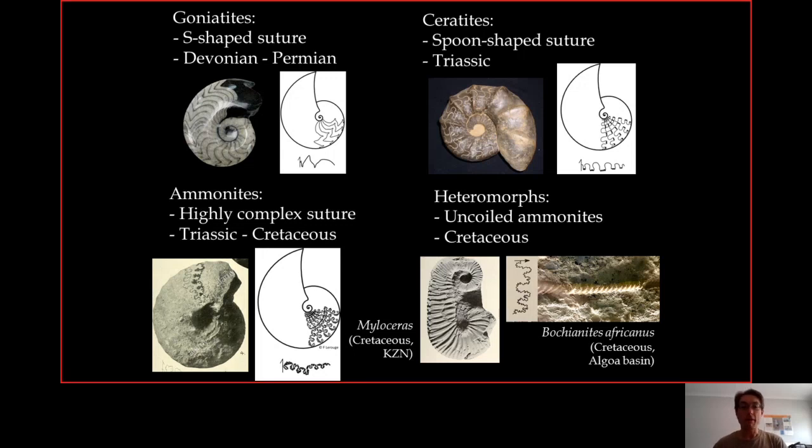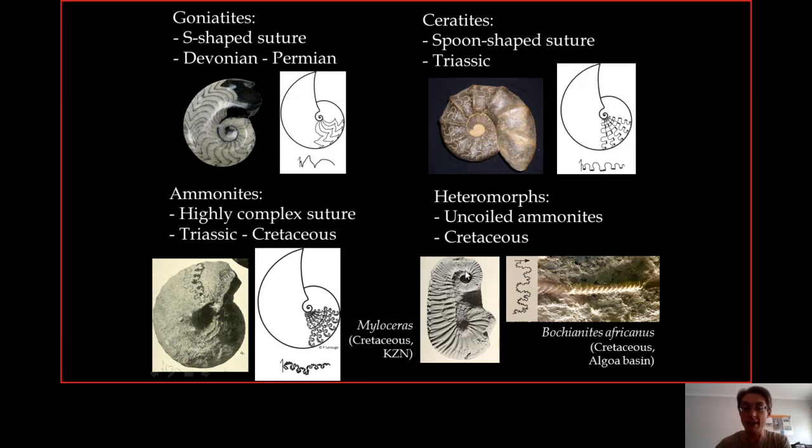And one type of ammonite that is very interesting for correlating Cretaceous basins like the KwaZulu-Natal and the Algoa basins are the heteromorph ammonites. So they are like the ammonites. They have very complex suture lines, as you can see here. But unlike the ammonites, they are not completely coiled.